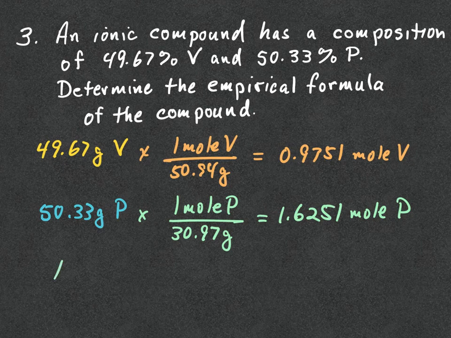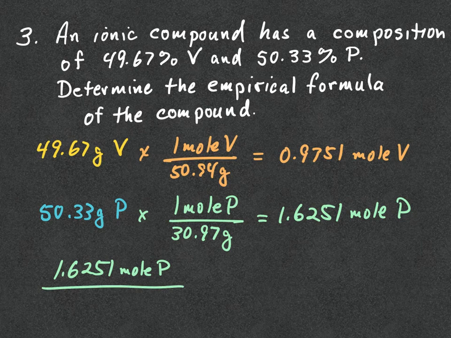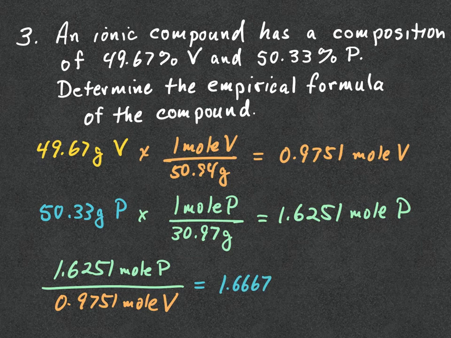We have 1.6251 moles of phosphorus divided by 0.9751 moles of vanadium, and we get 1.6667 moles of phosphorus per mole of vanadium.